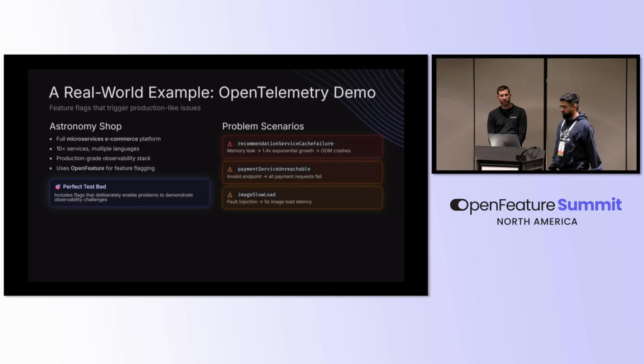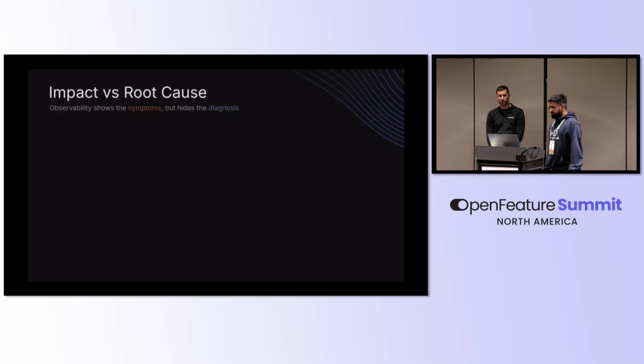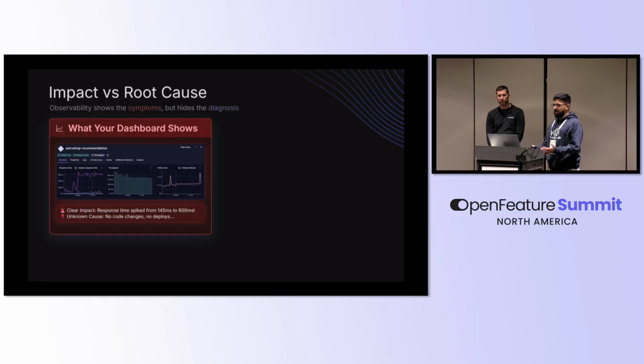And there are some other scenarios more specific to services or how the loading process works. And this is trying to show what the impact versus root cause is. So your dashboards are all going to show the same thing, where it's like, oh, there is a response time spike from 145 milliseconds to 600 milliseconds.